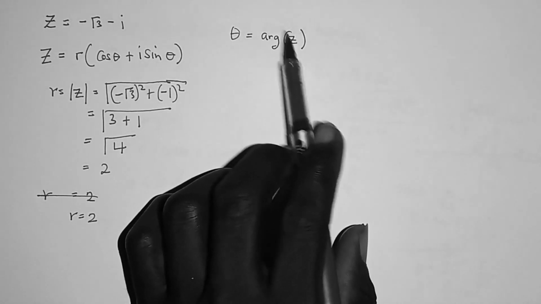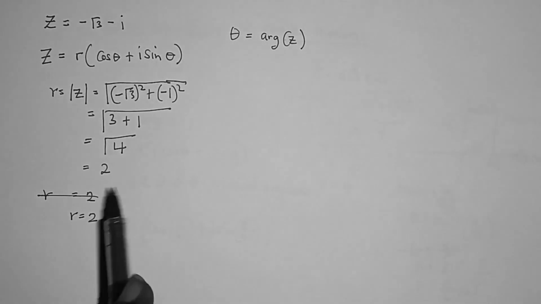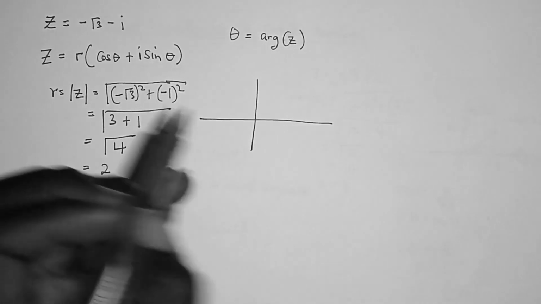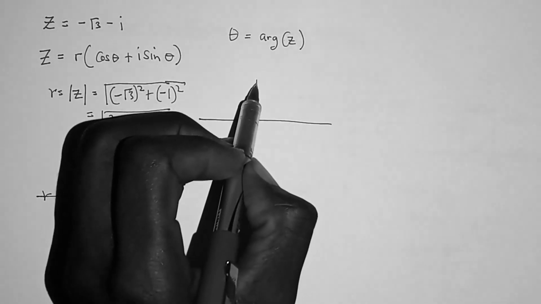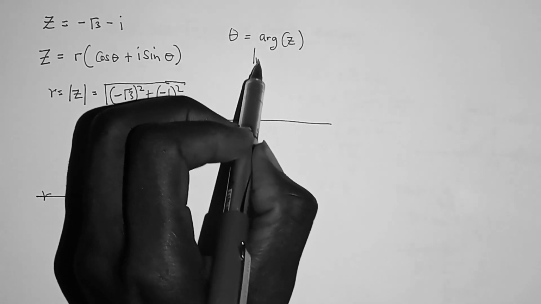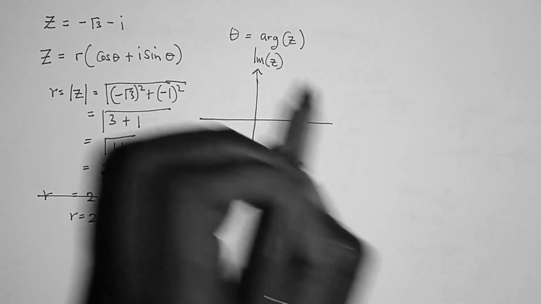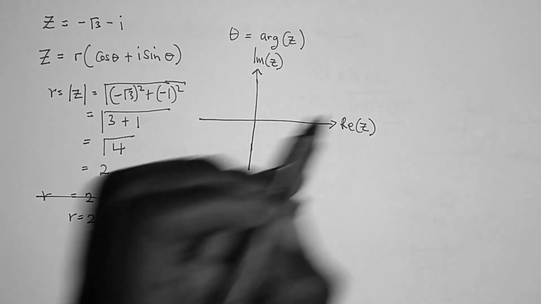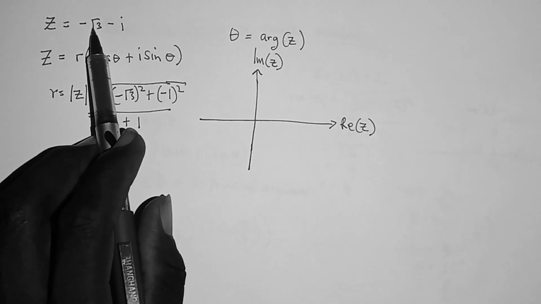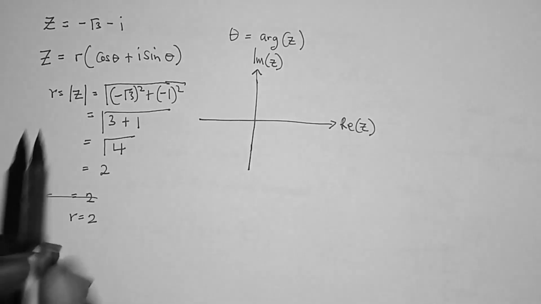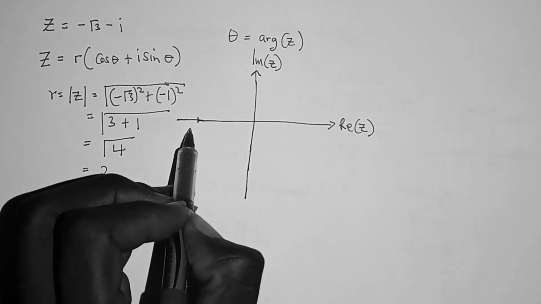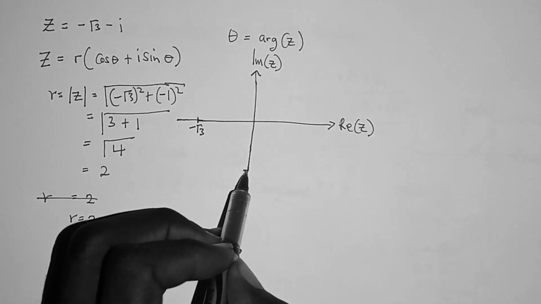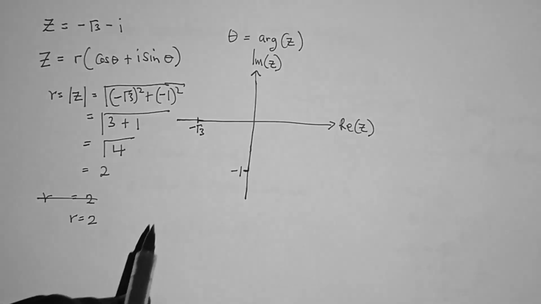We can find the argument of z by first sketching this on a Cartesian plane. In terms of Cartesian, we know that this is the imaginary axis of z, and this side is the real axis of z. So it is minus root 3 minus i. Let's assume here is minus root 3, and then let's assume that here is minus 1.